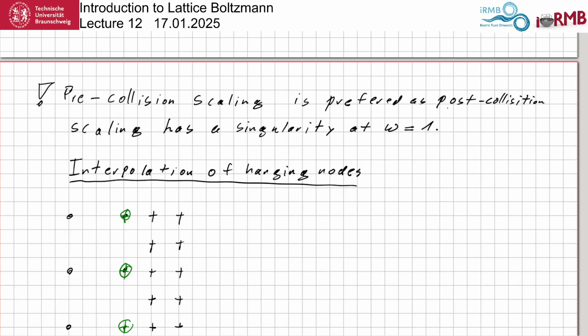And here we can just scale, right? We can just take the population from the other grid and scale it. And then we have the other ones that have no matching partner. These are these. And we'll call these guys the hanging nodes.